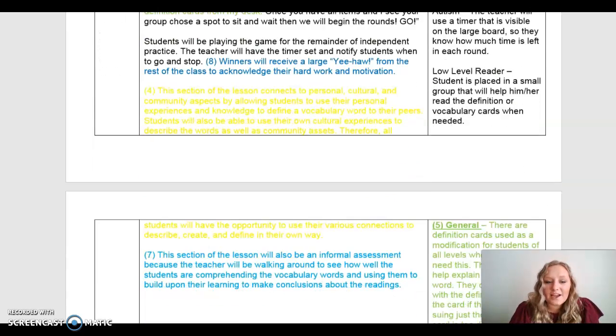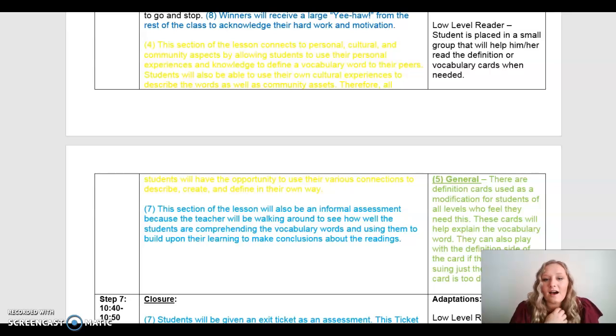So the yellow is kind of hard for you to see, but I connected this to number 4, which connects personal, cultural, and community assets. So the section of lesson connects to personal, cultural, and community aspects by allowing students to use their personal experiences and knowledge in order to define the words to their peers.